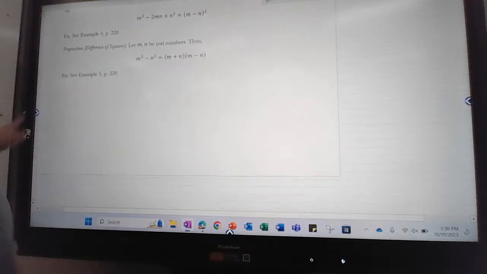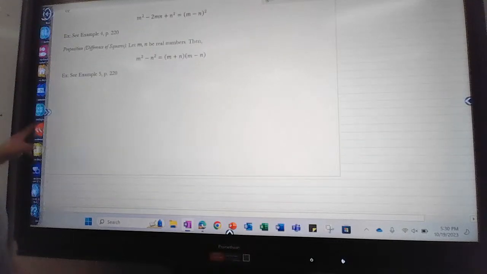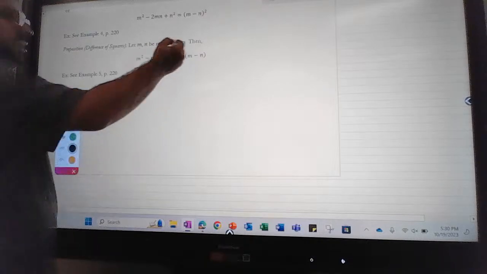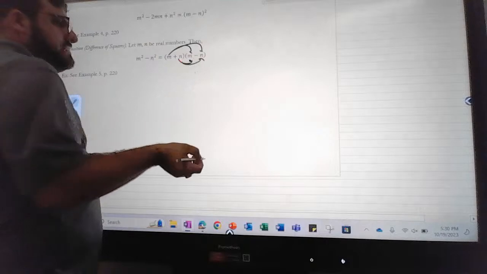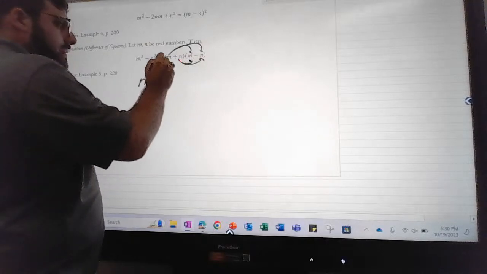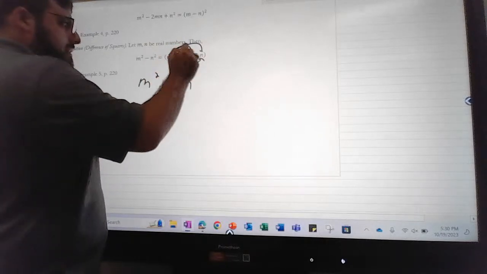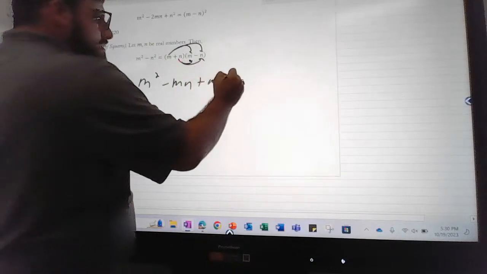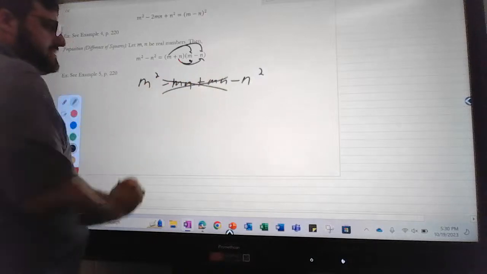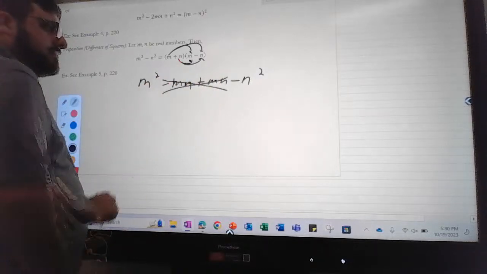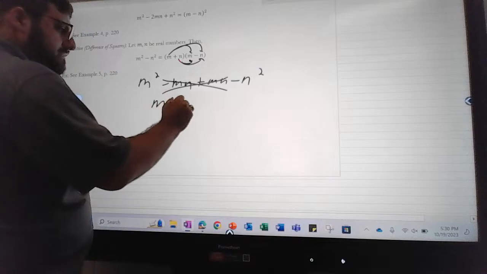Now, why is the difference of squares the way that it is? Well, let's say I FOIL that out. m squared minus mn plus mn minus n squared. What happens here is the middle terms actually end up canceling out. And that's where I end up with this difference of squares.